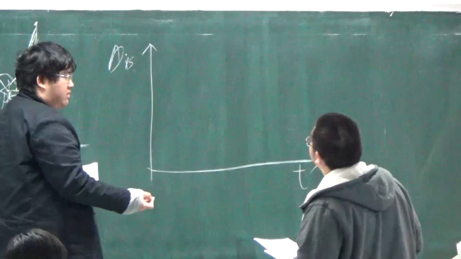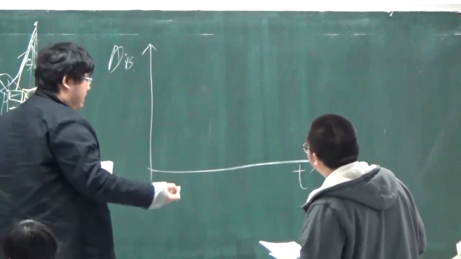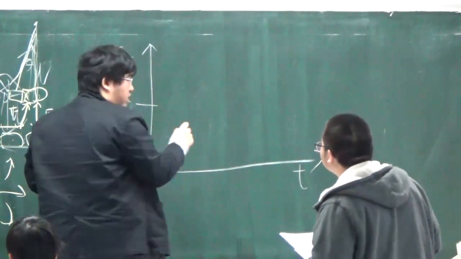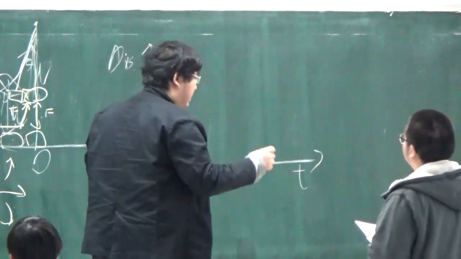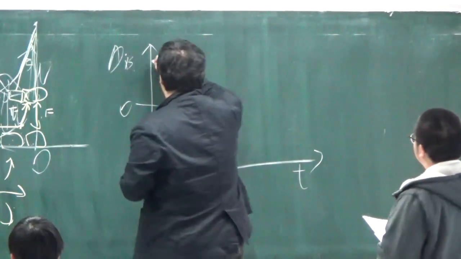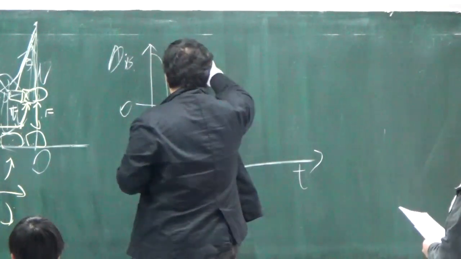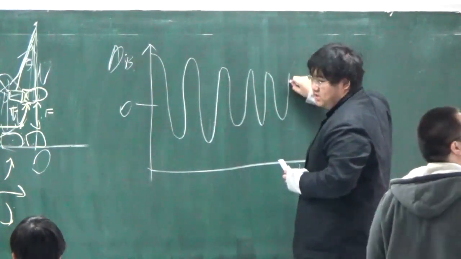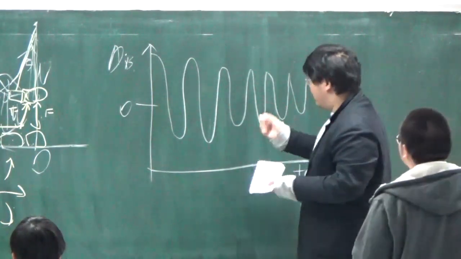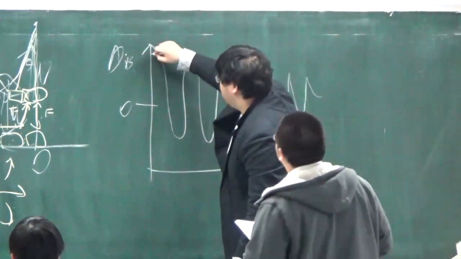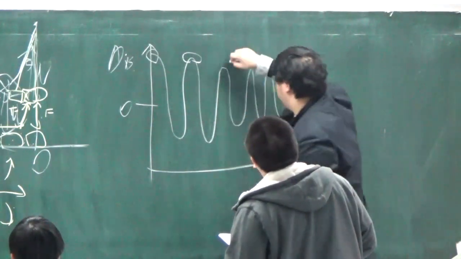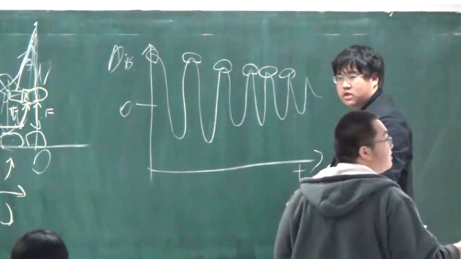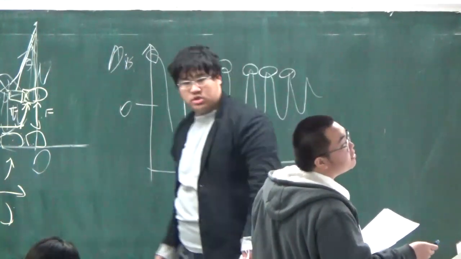For the pendulum, the x position, and we know it has damping in oscillation, so the displacement versus time is like that. Yes, and we catch these points. Oh, okay. So you catch the highest point of each period. Yeah.